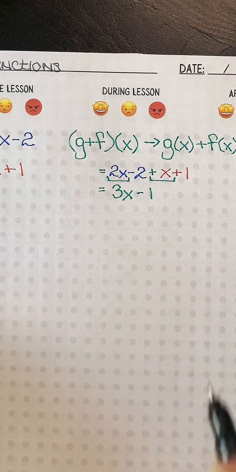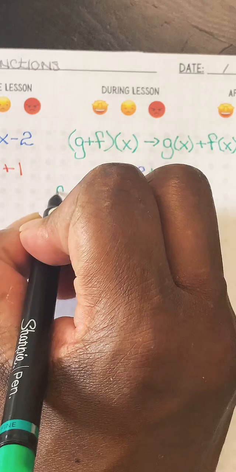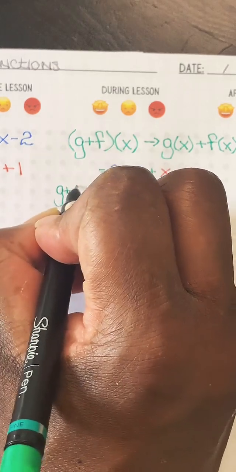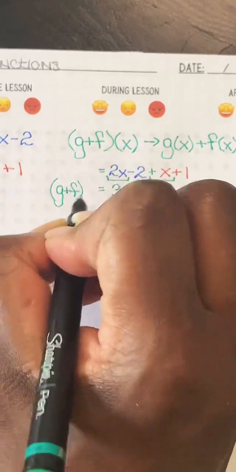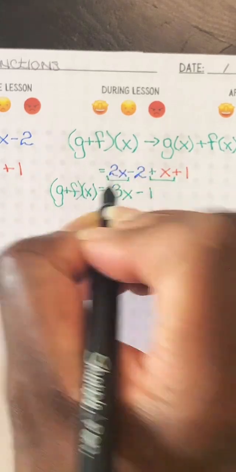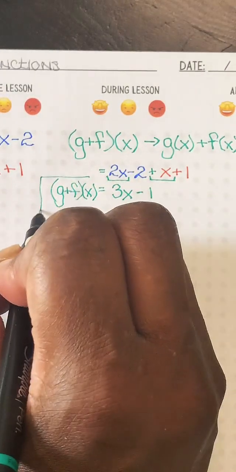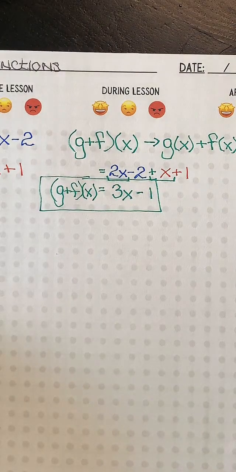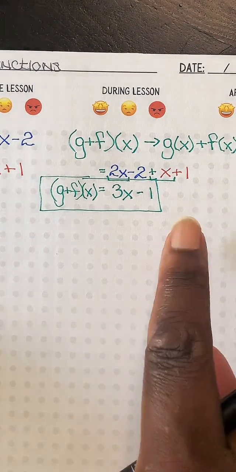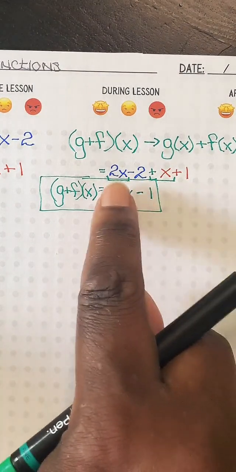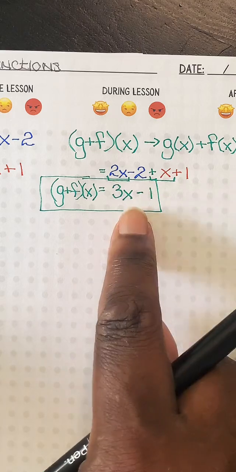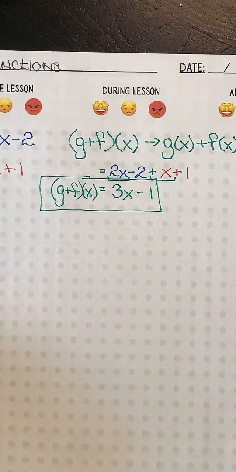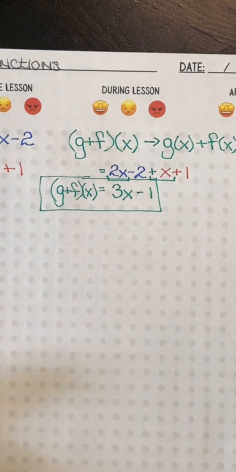So we can say that the (g plus f) of x is equal to 3x minus 1. All we basically do is combine two expressions, and we build another expression out of it.